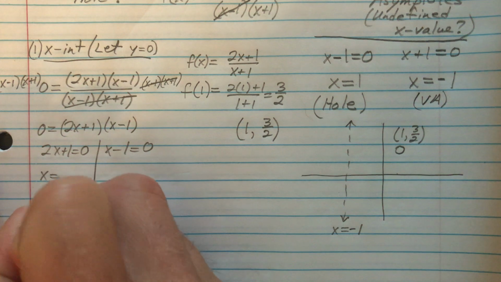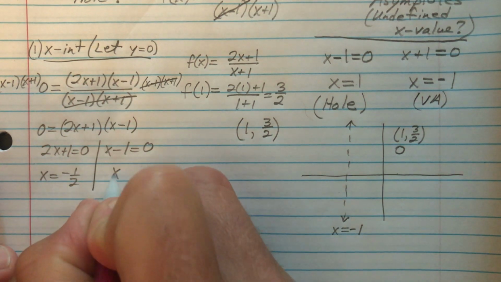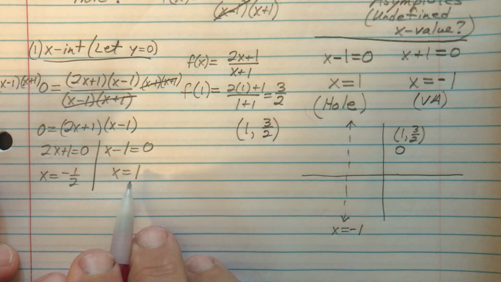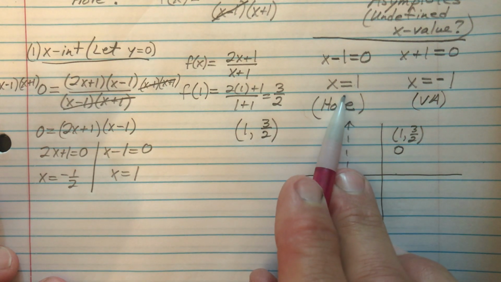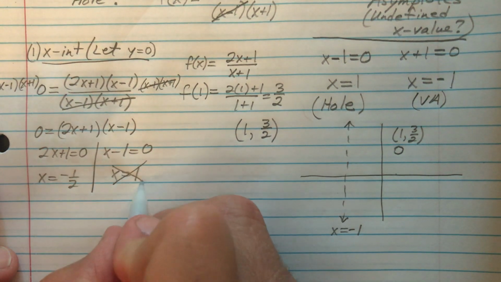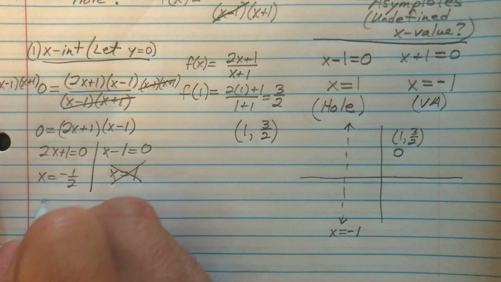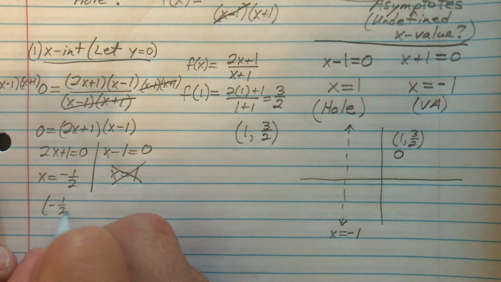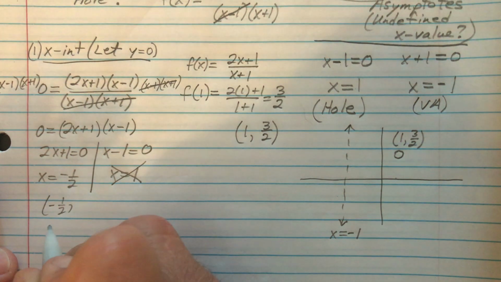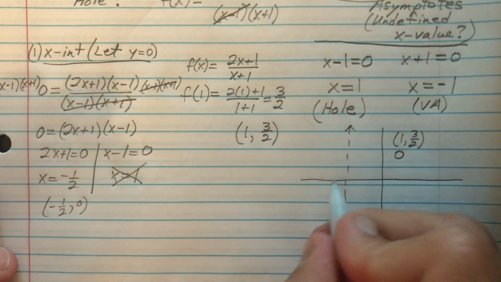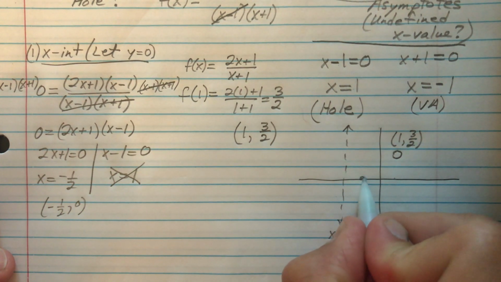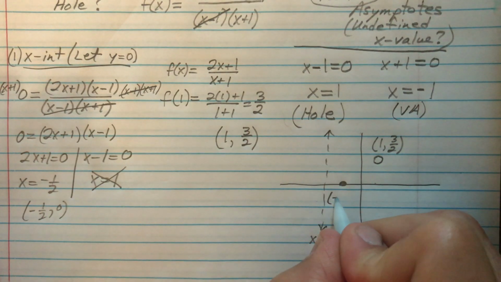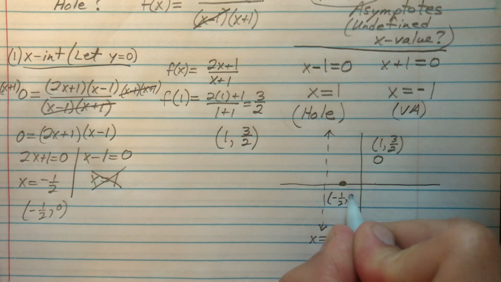So this will come out to be negative 1/2, and this will come out to be 1. Now keep in mind, x equals 1 is a bad value. There's a hole there, so that can't be an x-intercept. But this negative 1/2, this is a fine value. It's like right here. Negative 1/2, 0.